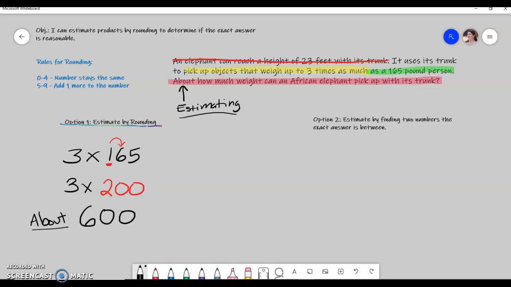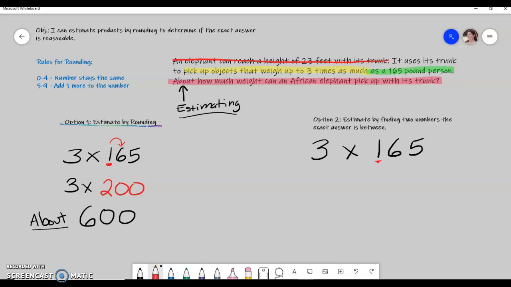Now, the second option is to estimate by finding two numbers the exact answer is between. We're still going to use our original problem of 3 times 165. You can do this multiple ways, but again, I'm going to tell you my best suggestion. If it goes to the hundreds place, I'm going to look at what numbers are around my hundreds place.